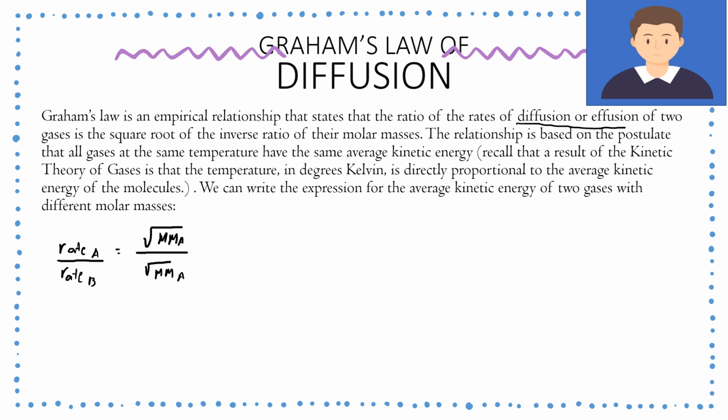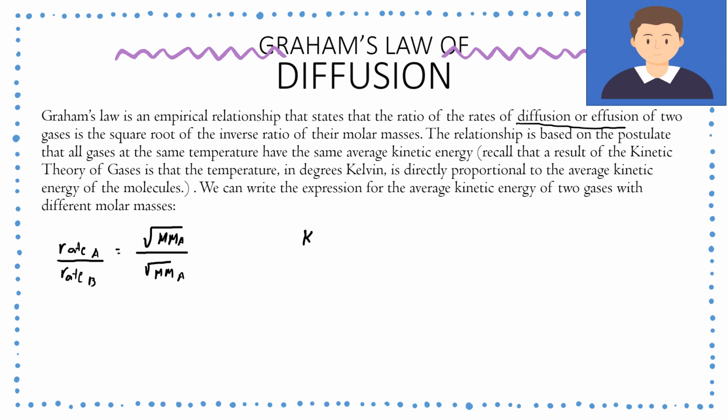So how did that happen? We have the relationship that is based on the postulate that all gases at the same temperature have the same average kinetic energy. We recall, as a result of the kinetic theory of gases, that the temperature in degrees Kelvin is directly proportional to the average kinetic energy of the molecules. So we can write the expression for the average kinetic energy of two gases with different molar masses. What is the formula for the average kinetic energy?